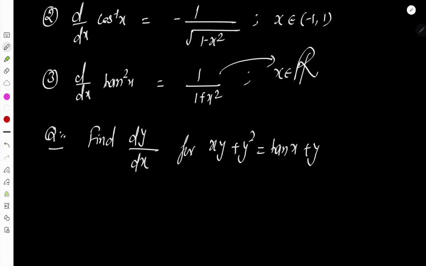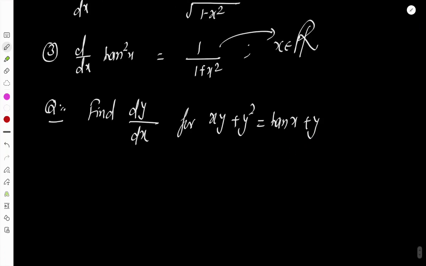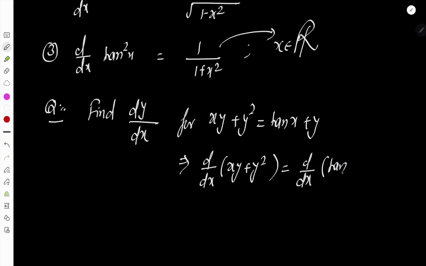Okay, we need to find this dy by dx. What you will be doing, you will say, sir, we need to find dy by dx, take derivative with respect to x both sides, that means d by dx of xy plus y square is equal to d by dx of tan x plus y.